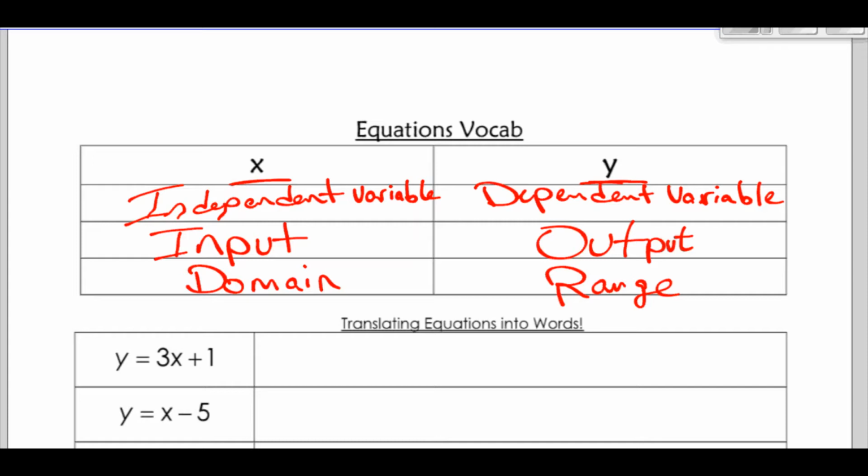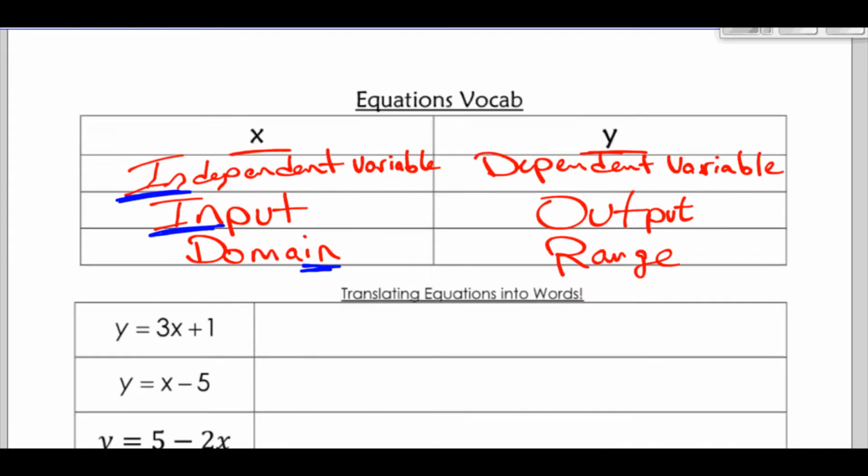You can't really remember these. The easiest way to remember these is that the x always goes into the equation, and we have an output for that. And the word in is in each of the vocab words for x.